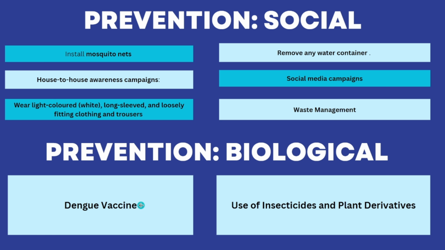But for now there is already one, the TAK-003 if not mistaken, already approved by Malaysia. You go to a klinik kesihatan or any healthcare center, you want the dengue vaccine, it is already available.